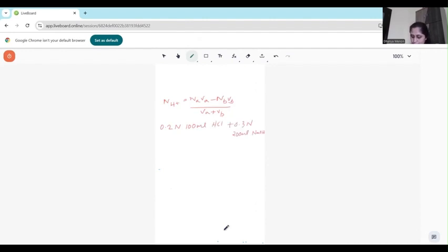First step is checking. Check whether the gram equivalent of acid is more or the base is more. What is the formula for gram equivalent? NV. Okay, so let's check. NaVa is for acid, A is for acid, right? Capital N is 0.2 times 100, which is equal to 20.